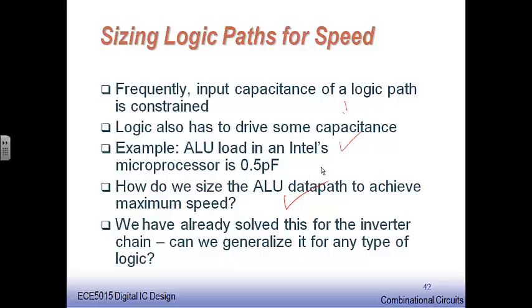How am I going to connect such sets of gates, what sizing consideration am I going to make, and what is going to be the final load at the end, for example, a microprocessor or an ALU load, a data path, and what the first stage input gate capacitance is going to be, how efficiently I am going to run this sort of a system. We will see from here on.